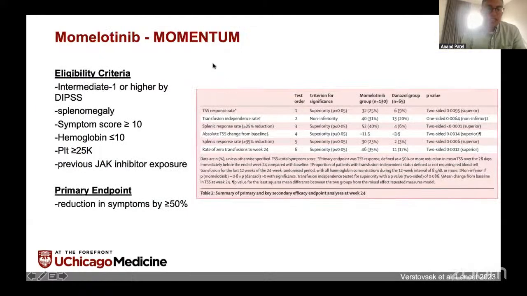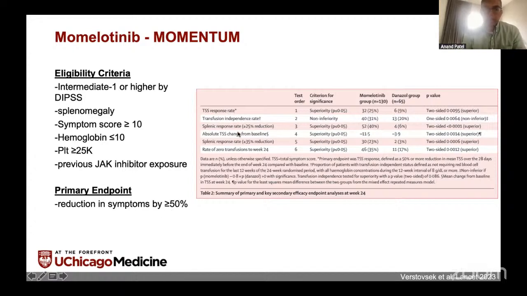And then lastly, we have momelotinib, which was studied in what we call the MOMENTUM study. So this was really focusing in on patients with a low hemoglobin, a hemoglobin of less than 10, and looked at using momelotinib versus a drug called danazol, which can help improve your hemoglobin. And the first, most important endpoint was making patients feel better.